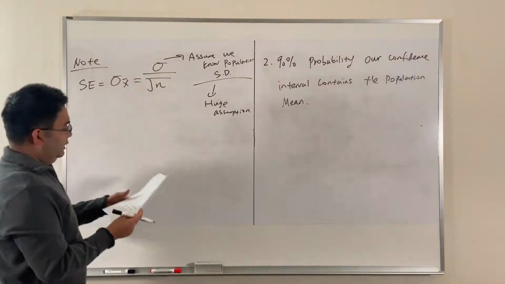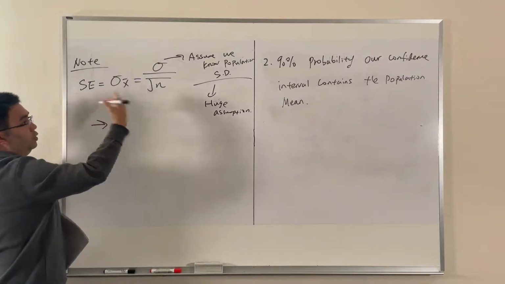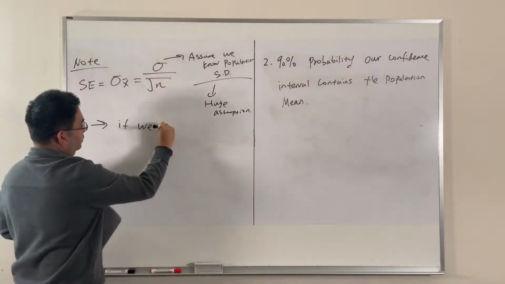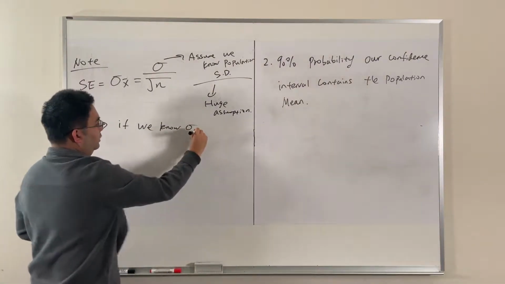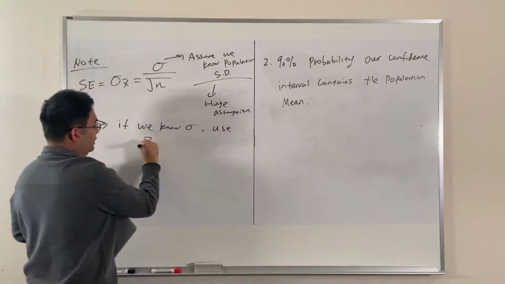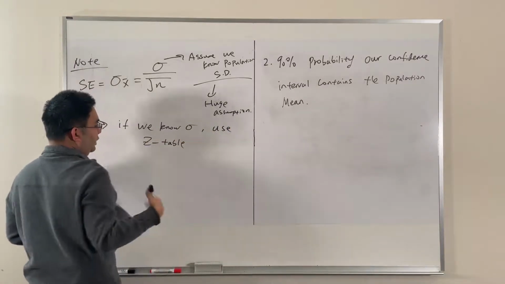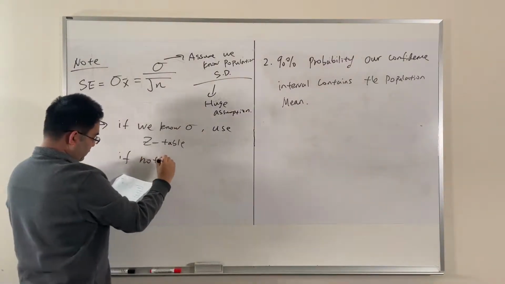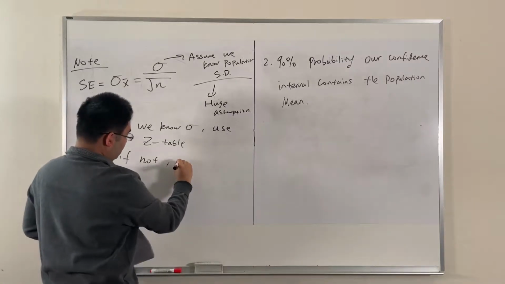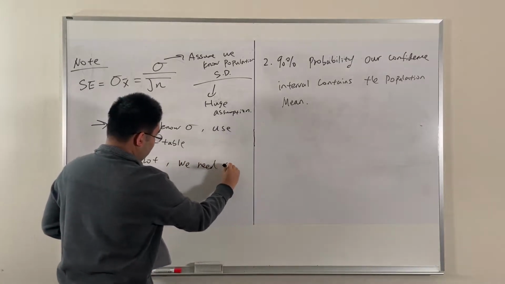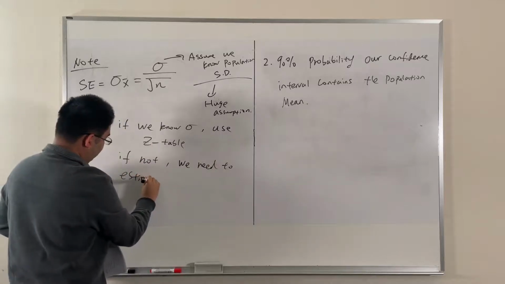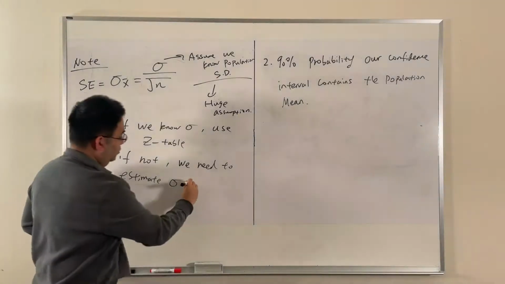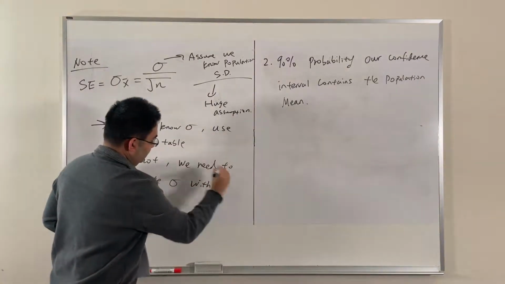But for now, let's say that if we know the population standard deviation, if we know sigma, then we're going to use the z-table to do our calculation to help us get critical values. And if not, we need to estimate the population standard deviation with our sigma hat.